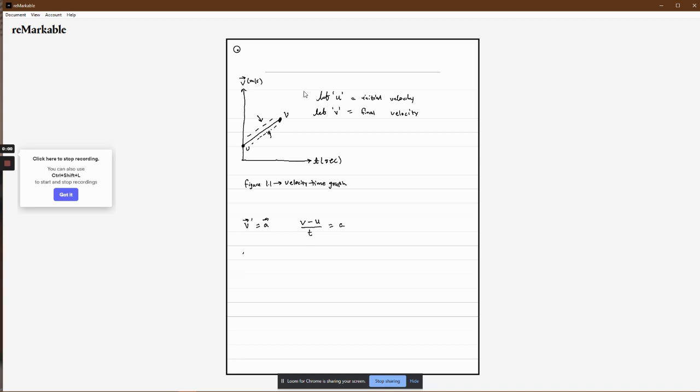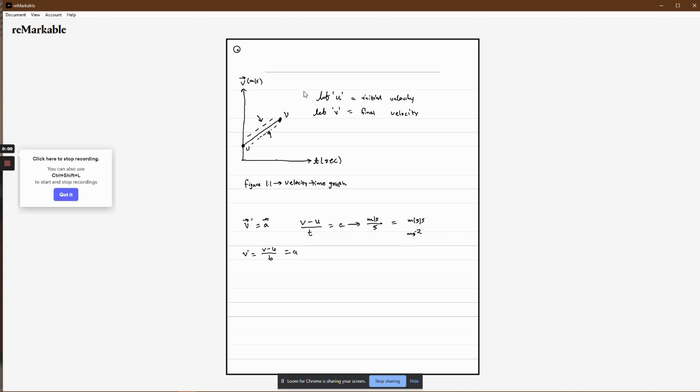So we can write v dash is equal to v minus u over t is equal to a. We know that acceleration is the average change in velocity over a period of time, and it's given in meters per second squared, which can also be written as ms negative 2.